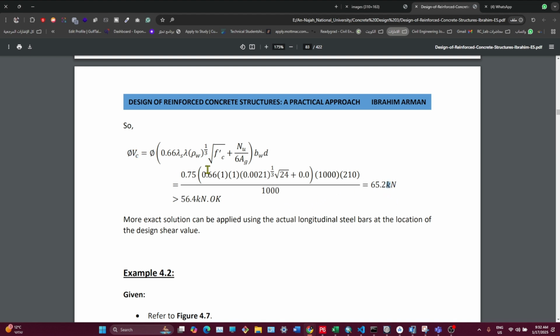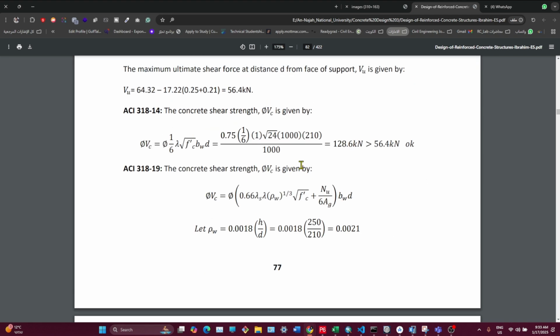And since the phi VC here, which is the capacity, is larger than the V ultimate. And again, by the first edition of the code, the 14 edition, the phi VC also was larger than the V ultimate. But in some cases, maybe the 19 edition needs shear reinforcement because it has some points in the code that changed, okay?